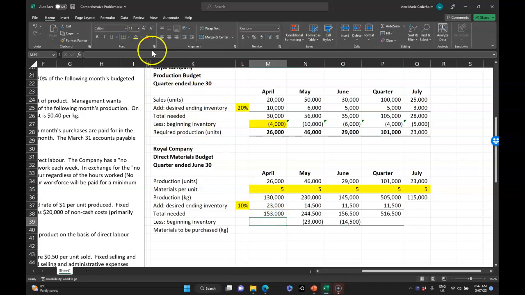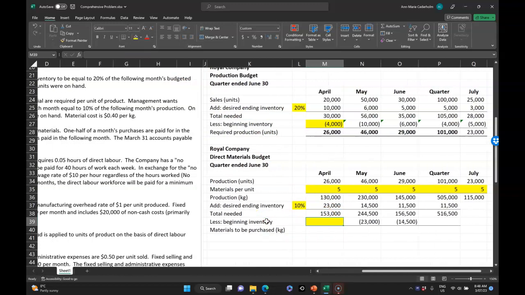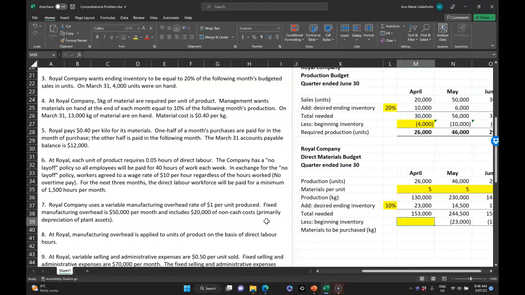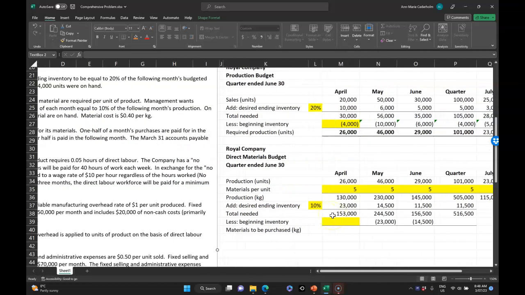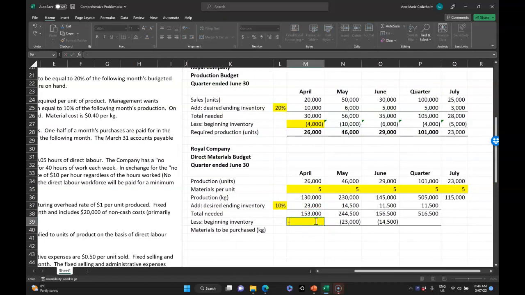So I would need the information from March in order to calculate that, or the question will give it to me. So if I look at the question, it says that on March 31st, 13,000 kilograms of material was on hand. So I'll put that much right there, 13,000.